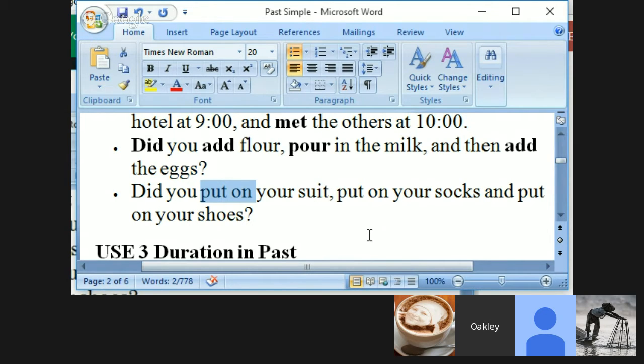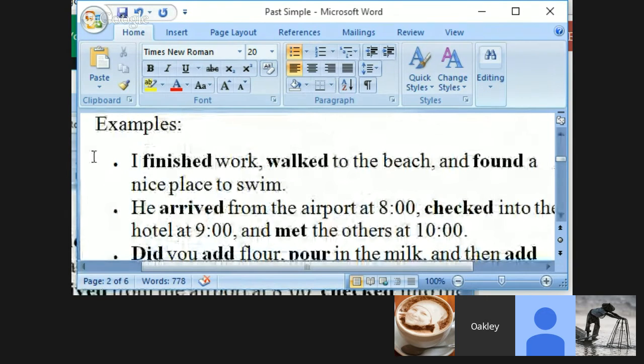Or you could say it this way. This is not wrong either. Perhaps this way is even clearer that you're talking about the order. That's the idea. Notice in all of these, I finished work. The subject noun is I. I don't have a new subject noun.